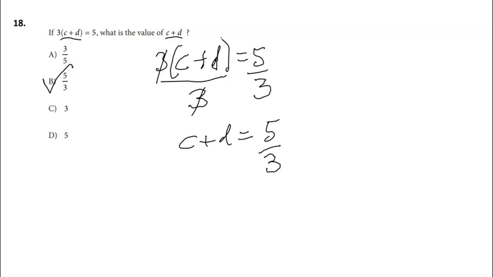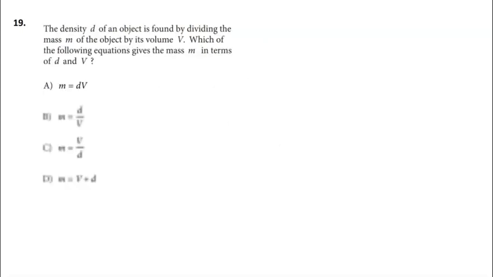Let's go to number 19. All right, number 19. It says here, the density of an object is found by dividing the mass m of the object by its volume v. So we got three variables, d, m, v, just like the motor vehicle.